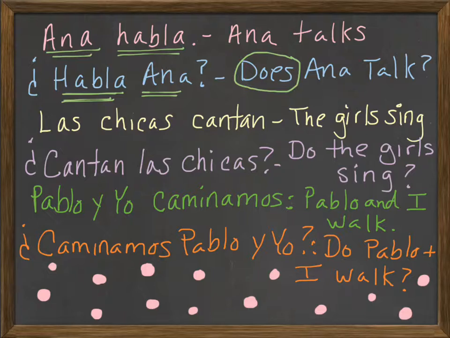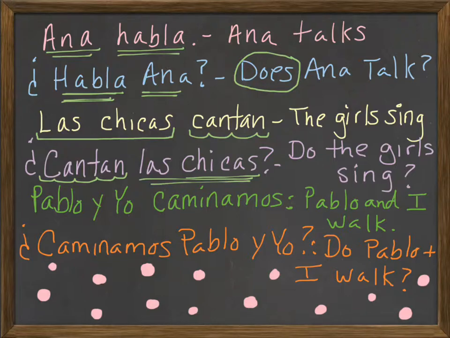Las chicas cantan, the girls sing. Remember, las chicas are the girls, that's the subject, and the verb is cantan, they sing. Now when I'm making my question, I have to start with my verb, which is cantan, and my subject is going to be las chicas. So it's do the girls sing? Let's look at another one. Pablo y yo caminamos.